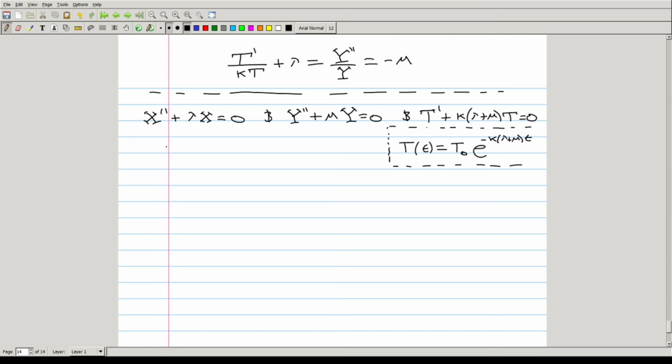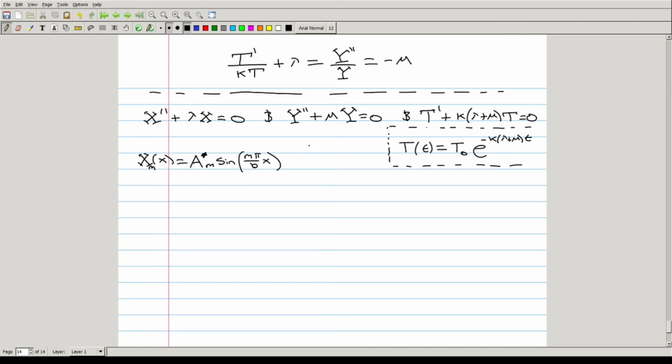And when we do that, specifically we get that X of x, or I should say X m of x, is equal to some constant A star m times sine of m pi over b times x.